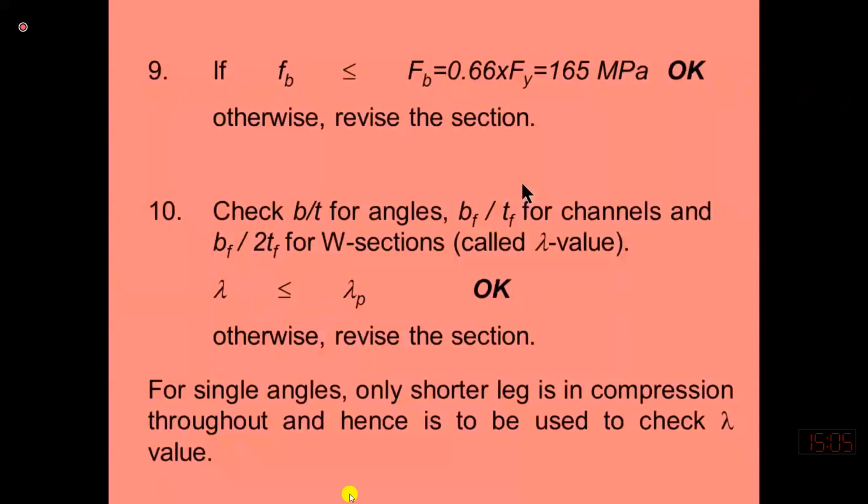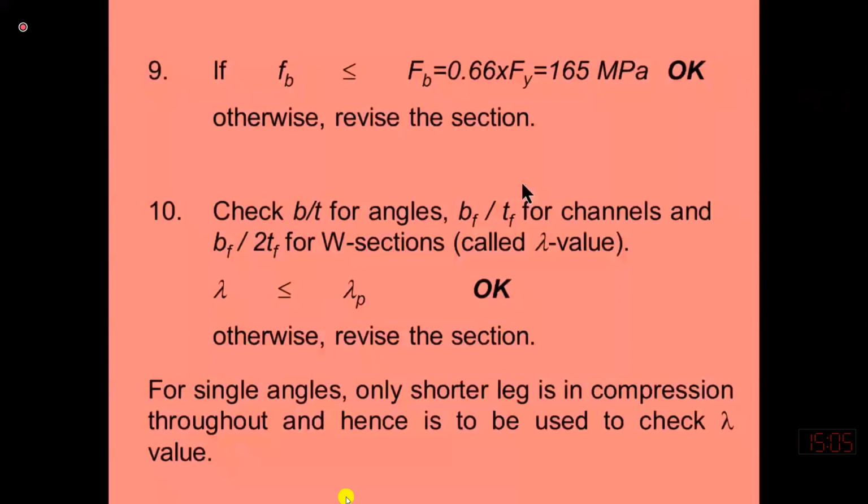So we have a neutral axis; one side of the neutral axis is in compression and the other side is in tension. The side of the section which is in compression, the flanges or the leg of the angle section, has a chance of local buckling.